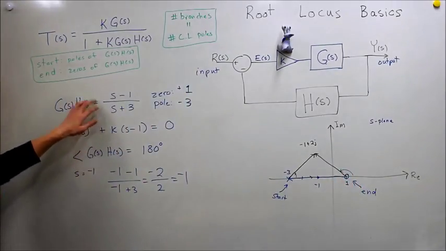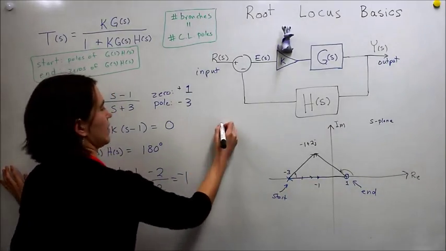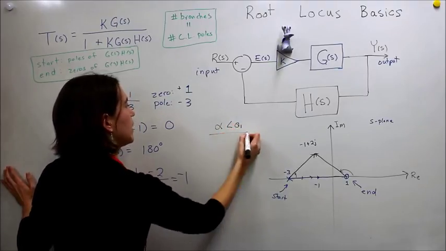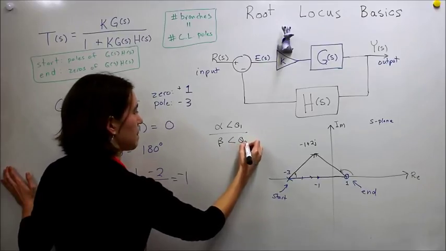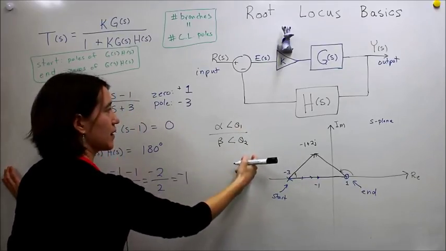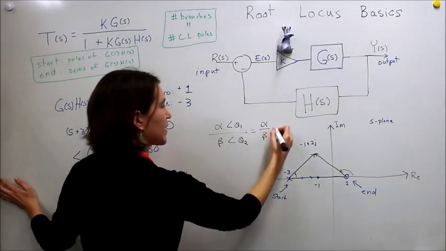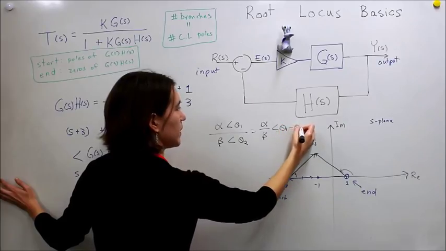And if we wanted to divide 2 values, so say we have, I'm not going to give the actual value, just alpha and some angle, theta 1, and we have a beta and some angle, theta 2. If we want to evaluate these, we would get alpha over beta, and we actually end up subtracting the angles, so theta 1 minus theta 2.